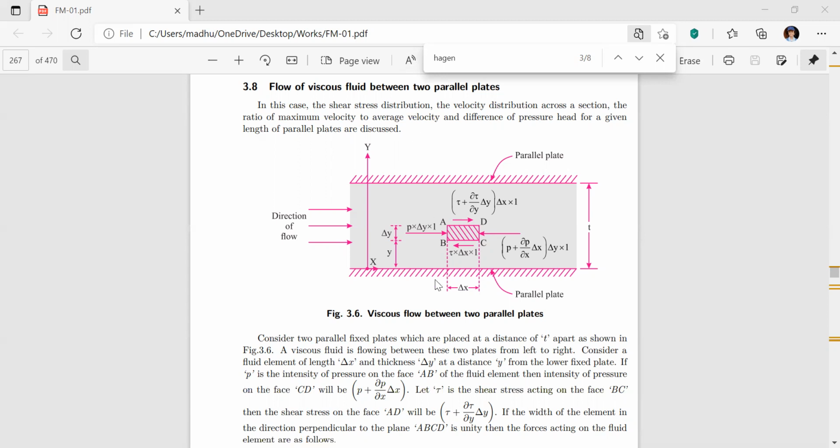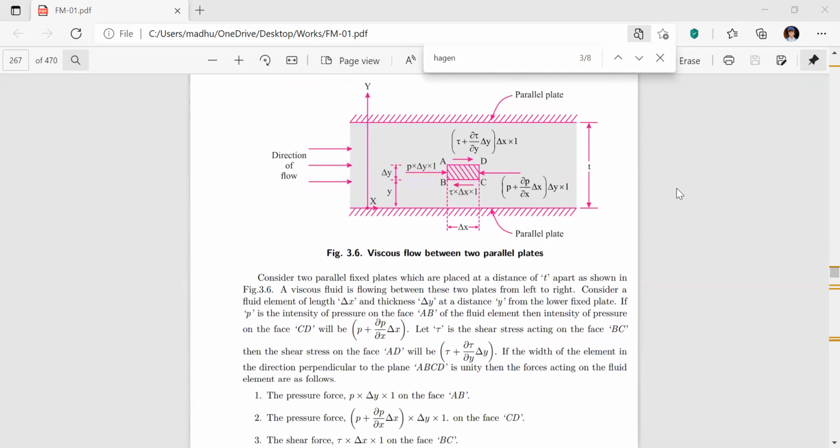Figure shows two parallel plates. Both are stationary plates, fixed plates, and in between we are going to observe there is a fluid passing through these parallel plates, and ABCD is the fluid element we have considered for the analysis of viscous forces of fluid between two parallel plates.